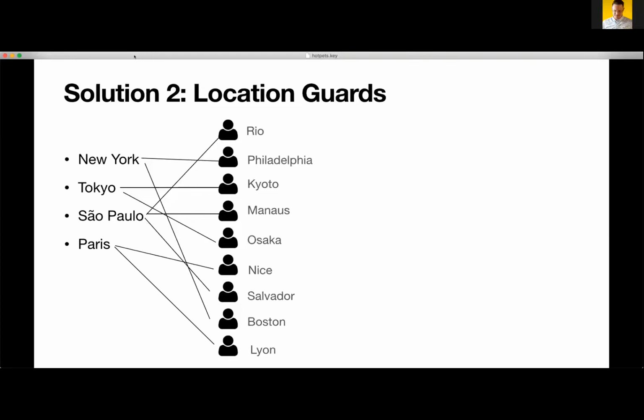So you choose some representative locations around the world, and you just have all clients always pretend like they're coming from one of those few locations, so that even if you leak information, you can only learn up to the location guard, and each location guard still has a large anonymity set associated with it.